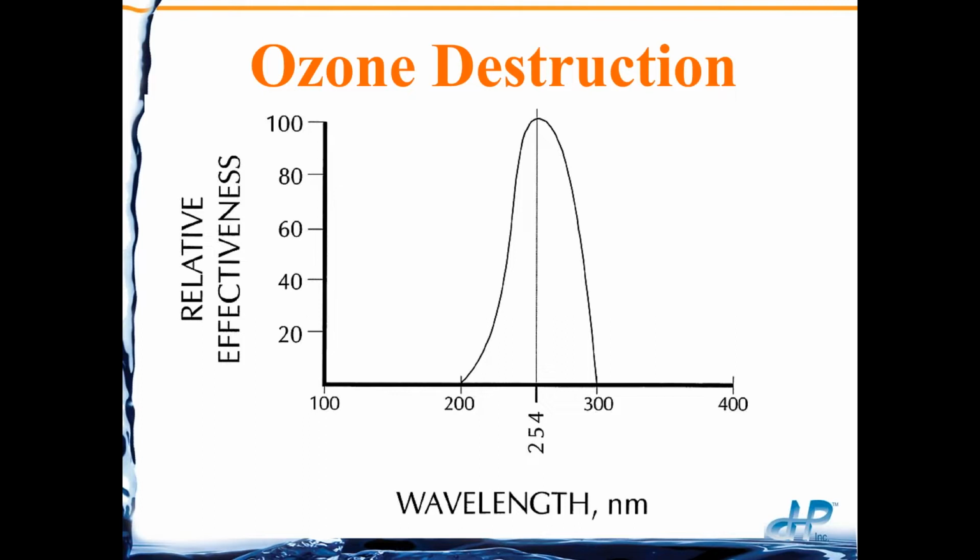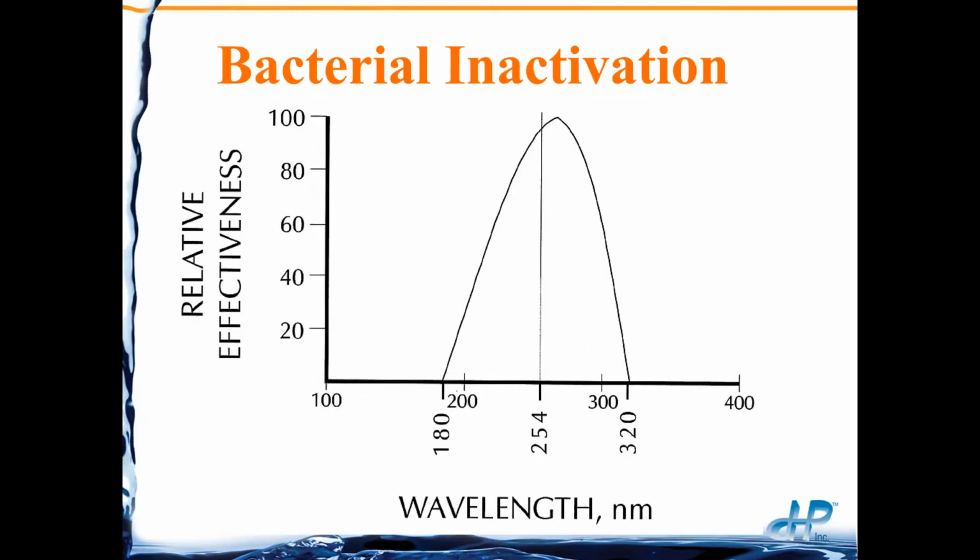And we would get maximum destruction of ozone and chlorine if we're about 254, 255 nanometer wavelength. And we could inactivate bacteria if we could get something that was producing UV radiation in, say, 260, 270 wavelength.